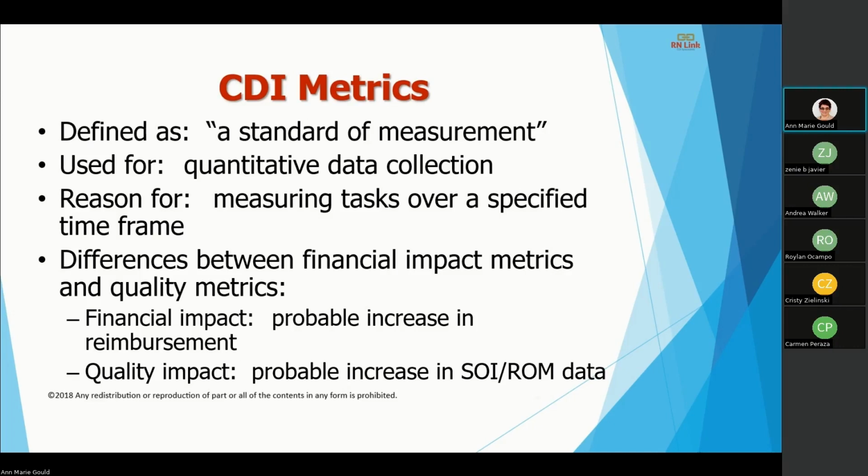That's really important, especially when you're doing reviews of mortality and morbidity, patients likely going to die in the hospital. You want to make sure your SOI and ROM data are at the highest level possible, 4 and 4, extreme severity of illness and extreme risk of mortality, that they are likely to die in the hospital setting with the diagnoses they came in the door with.